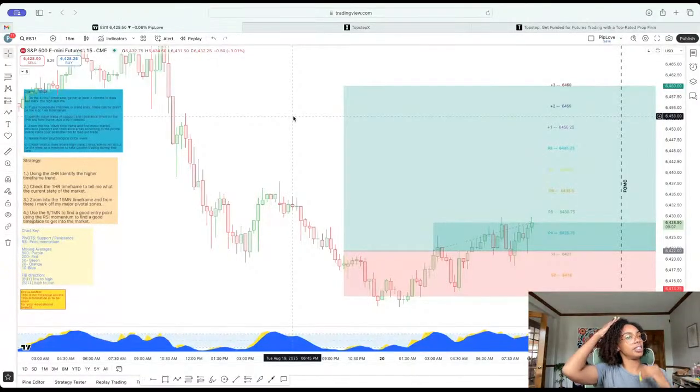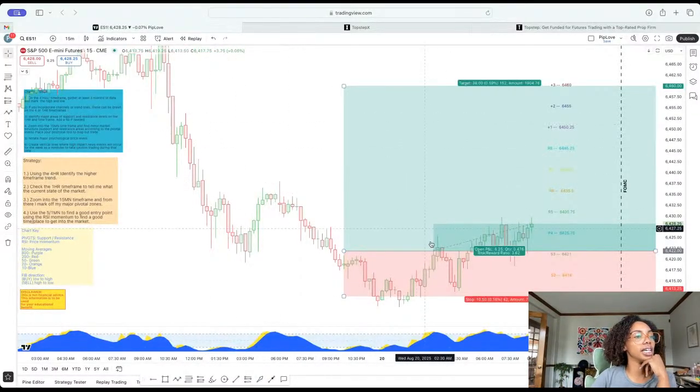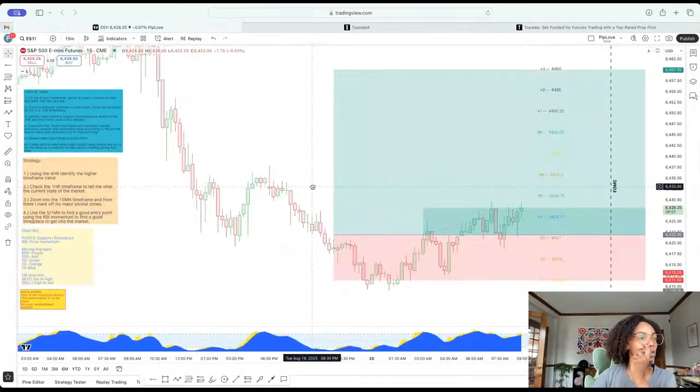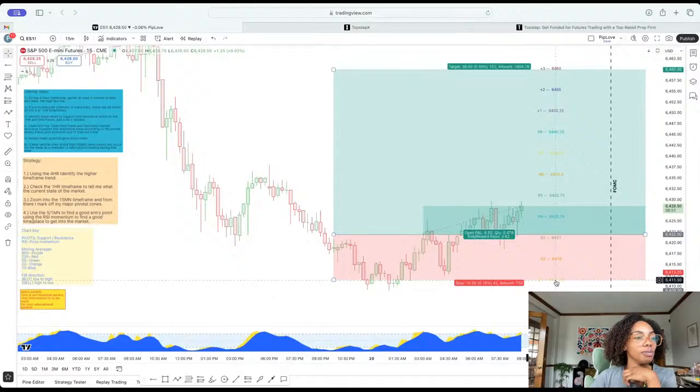Okay, so 15-minute time frame, we're doing the same thing. We're looking at the levels again. So right now it's near that S1, S0. We know that that's an area of support. So remember, when looking at these pivotal zones, we know that S&P 500 really respects market structure.